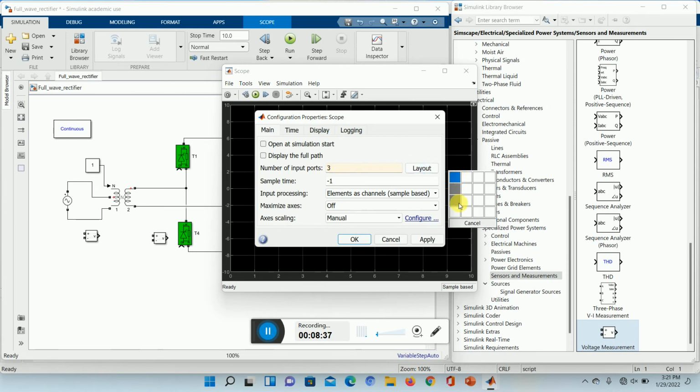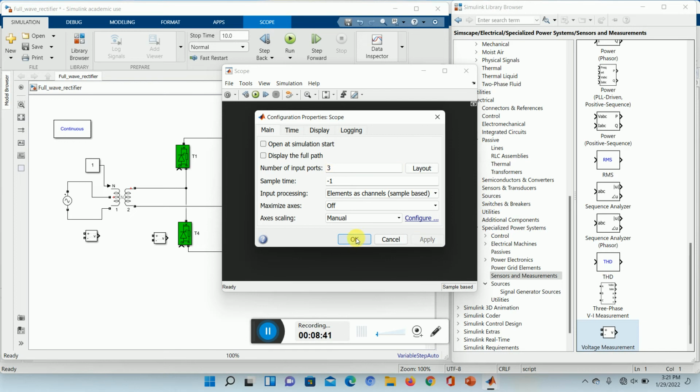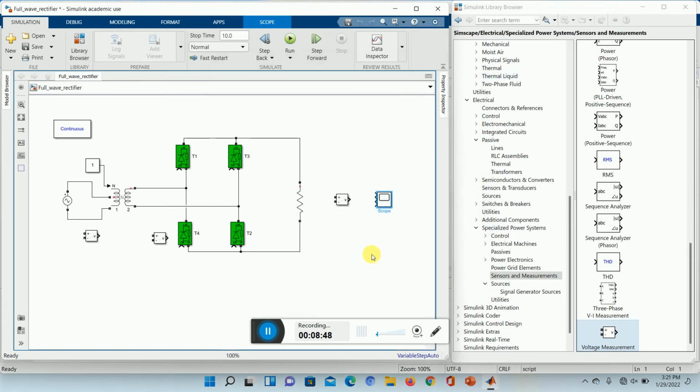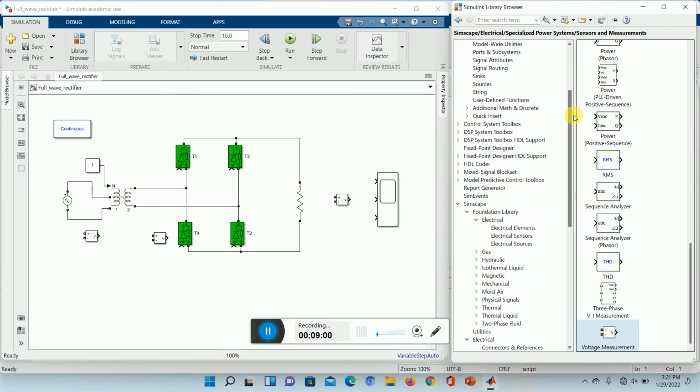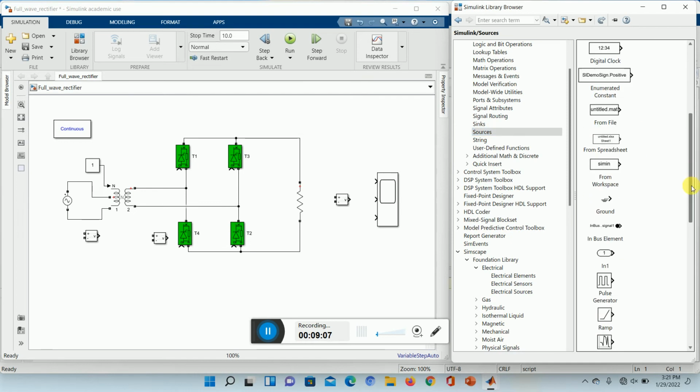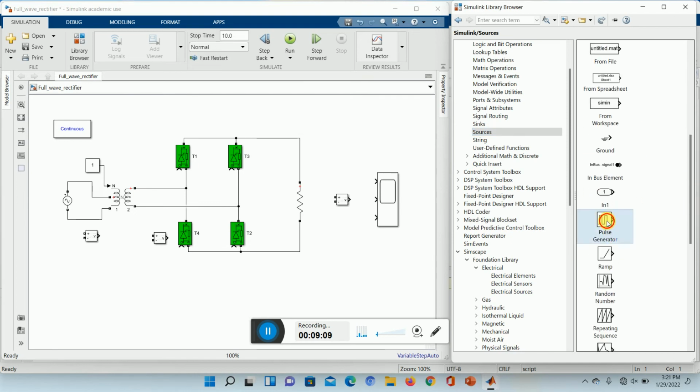Layout, now I'm going to give a gate pulse also. Source, pulse generator.